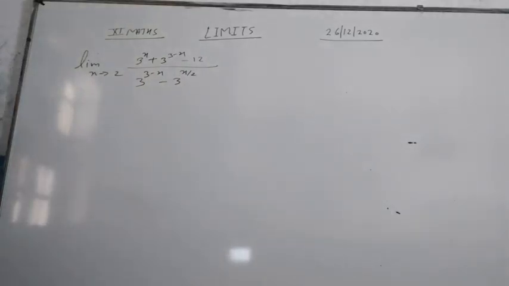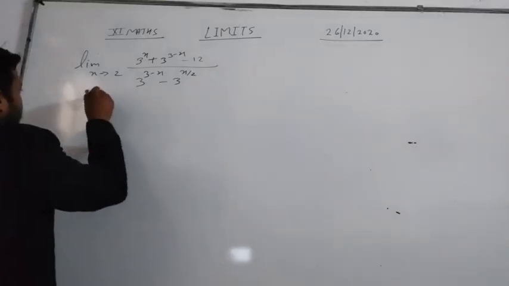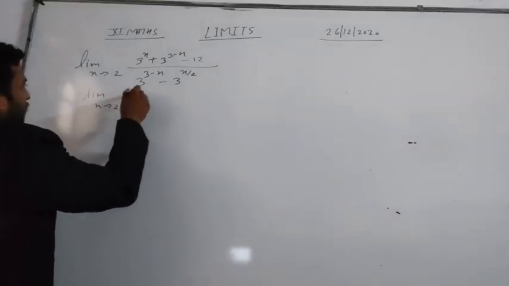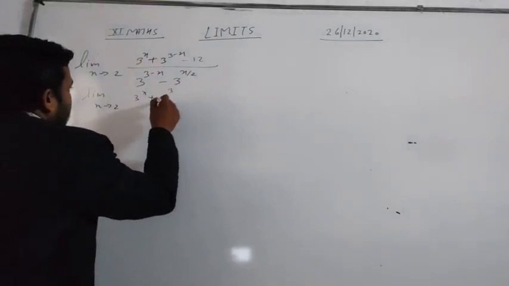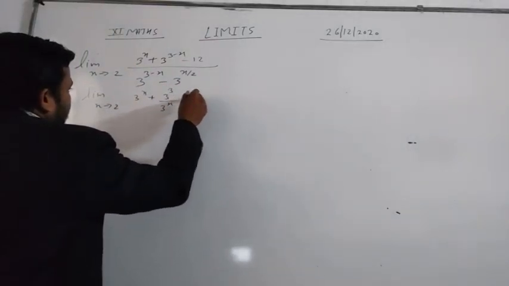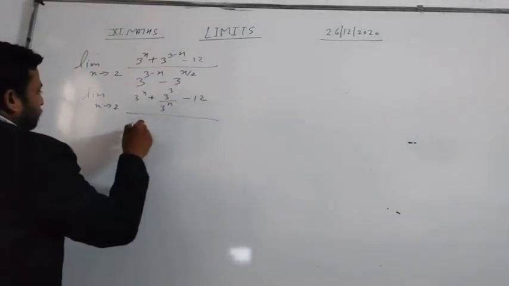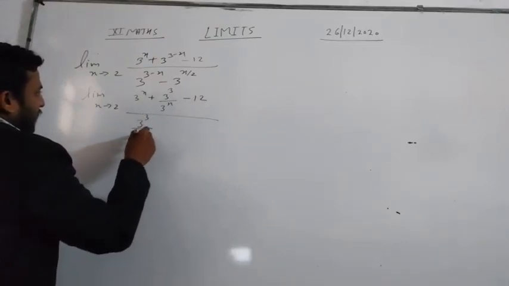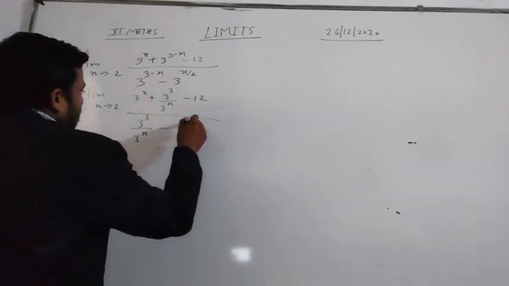Okay, student. Now we will write first limit x tends to 2, 3 to the power x plus 3 to the power 3 by 3 to the power x minus 12, by 3 to the power 3 by 3 to the power x minus 3 to the power x by 2.